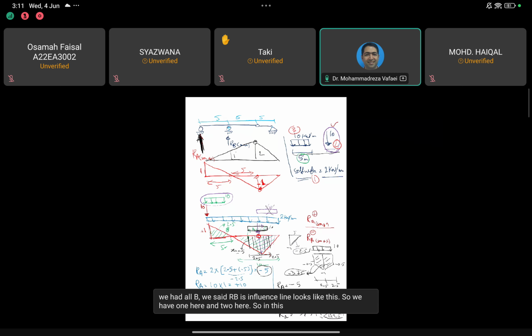So in this case, wherever you put the load, RB is always positive. But when you draw the influence line of RA, you see RA can also be negative, depending on where you put your load. If your loads are at the beginning of the span, RA is positive. But if your car comes and stays here, for example, this is the time that RA is going to be pulled, and you need to design that RA for the negative sign as well.